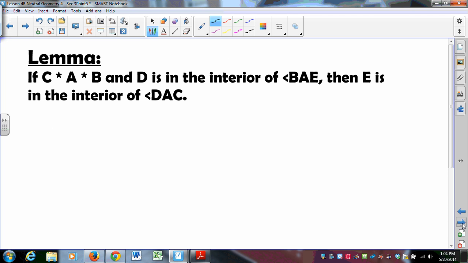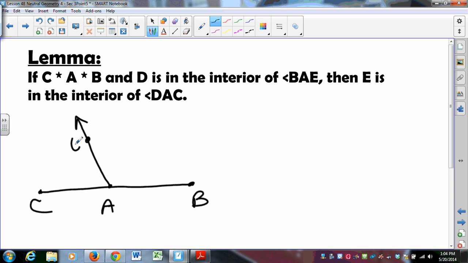The lemma says if A is between C and B, and if D is in the interior of angle BAE, then E is in the interior of angle DAC. And again, this is one of those things that actually makes a whole lot of sense, and that's good news.